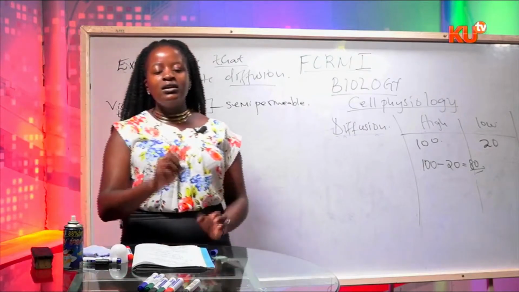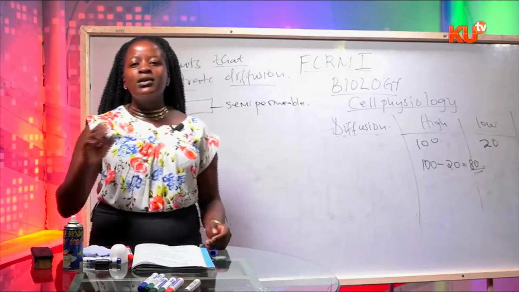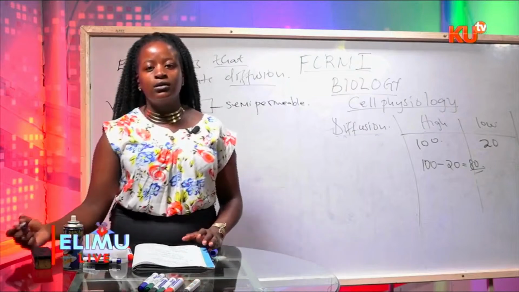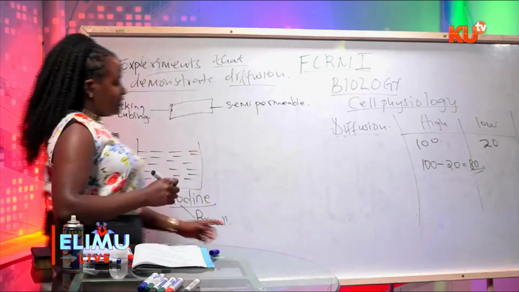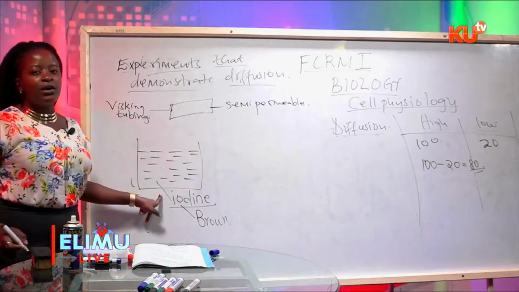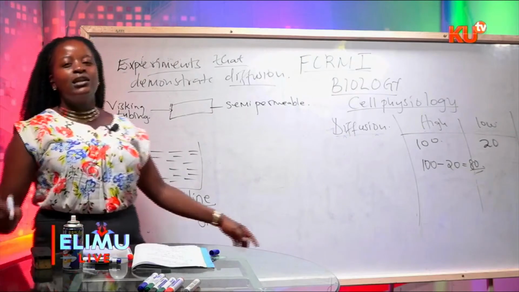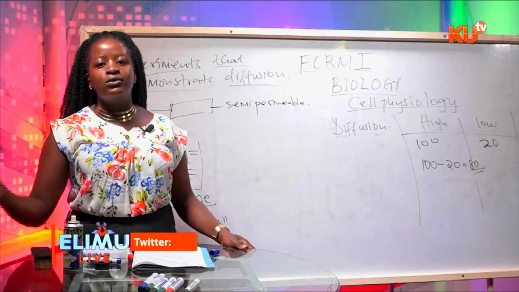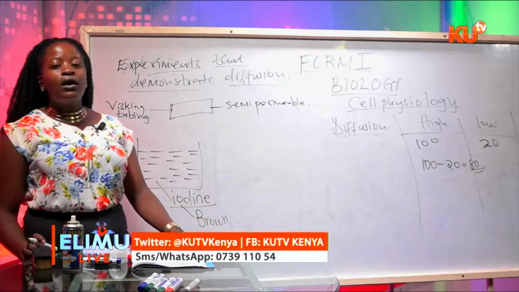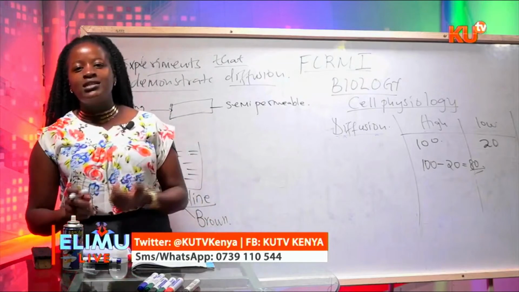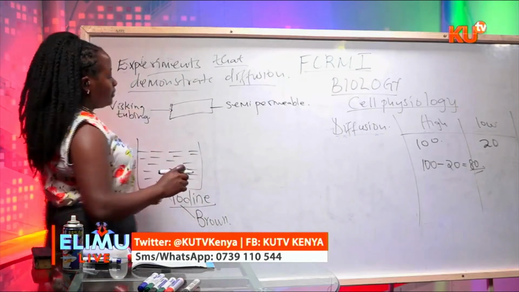Now, when iodine reacts with starch, it forms a blue-black solution. So in the lab, we say iodine is used to test for starch.